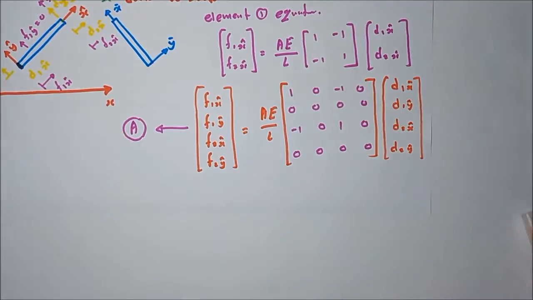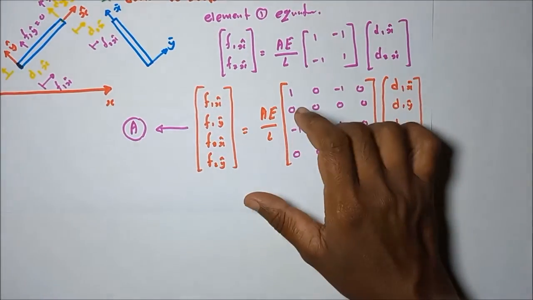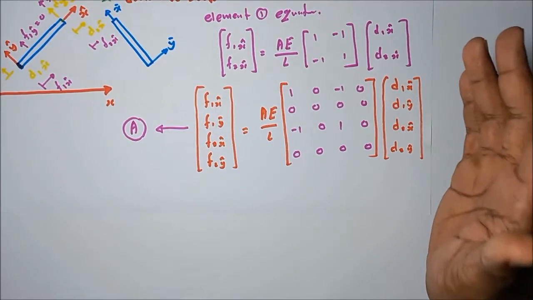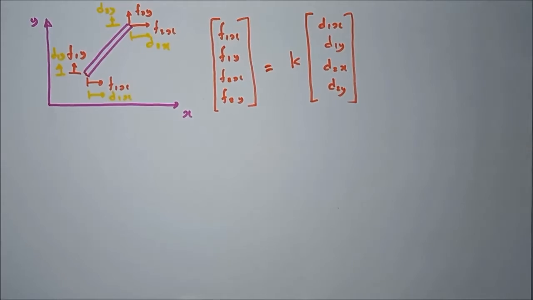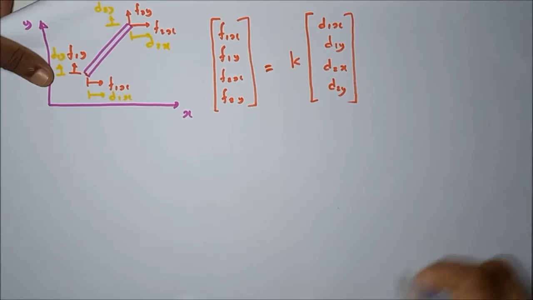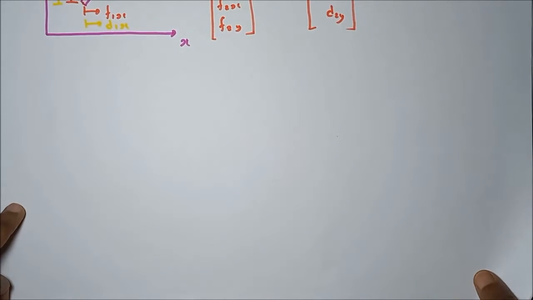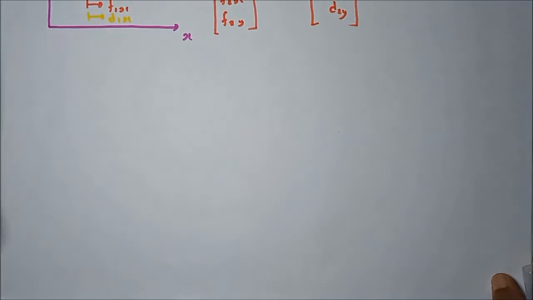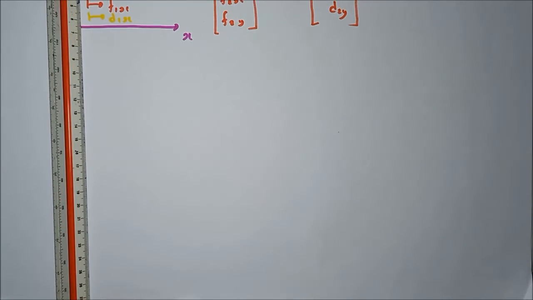Let's see how to transform this equation into a different coordinate system using the coordinate transformation equations. Let me explain this coordinate transformation. Well, this is the global coordinate system I will draw.